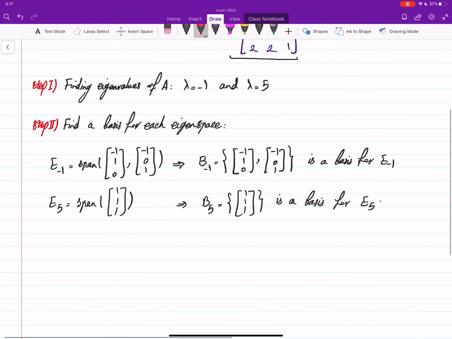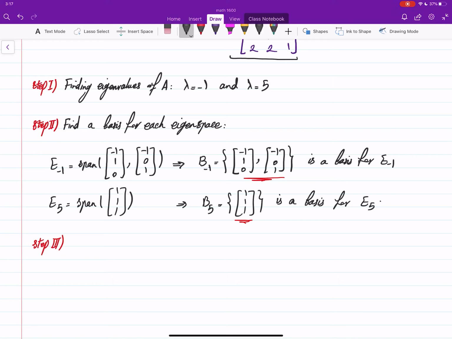Okay, well, this is not complete yet. We have to do a little bit more work. If we were looking just for an invertible matrix, we could take the vectors of these bases and put them in the columns to form that invertible matrix.